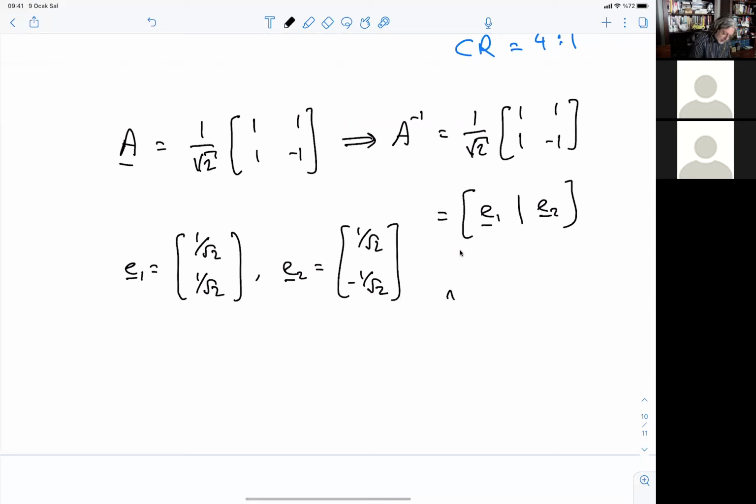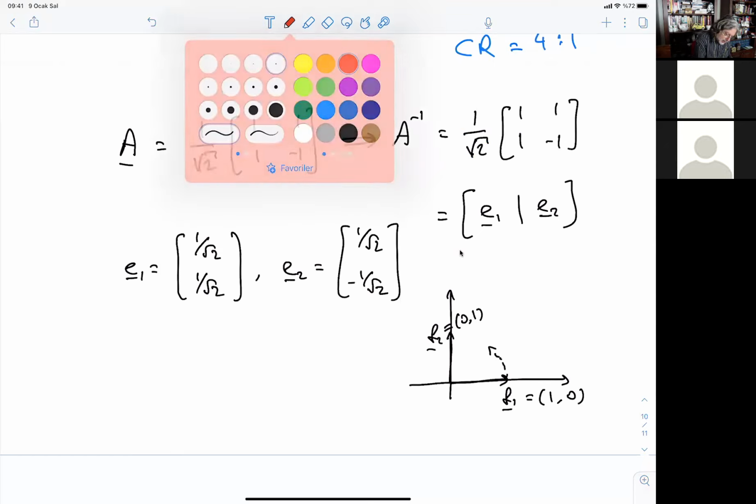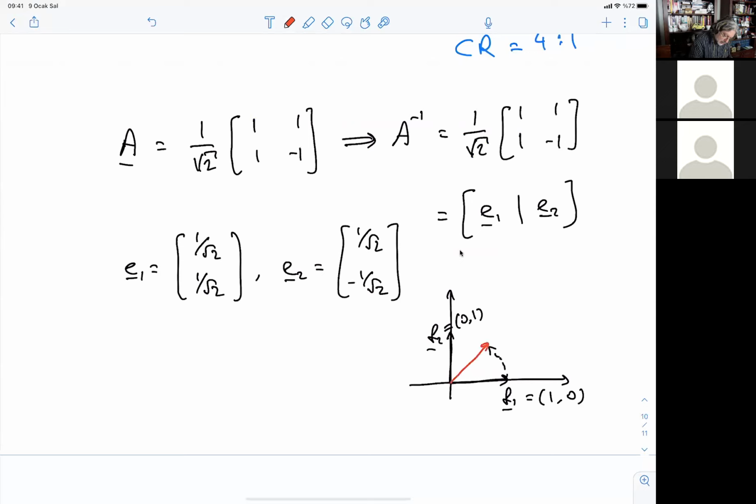In fact, they are the 45 degrees rotated versions of the original basis vectors, which I will call F1 and F2, let's say. F1 is equal to 1, 0. F2 is equal to 0, 1. If I rotate them by 45 degrees, then I will come up with these new basis vectors, E1 and E2.